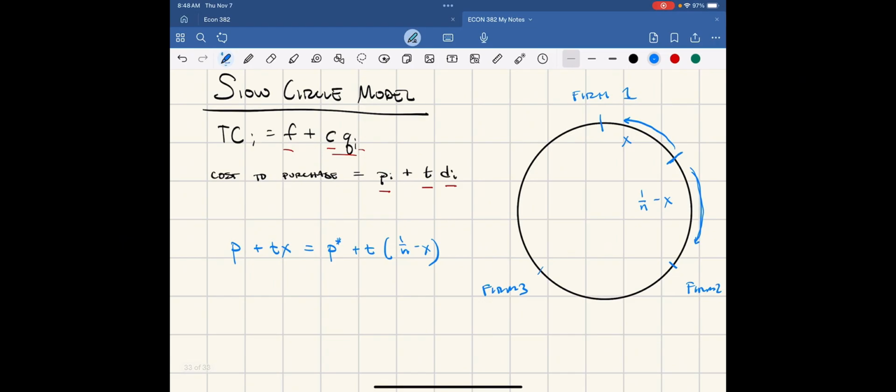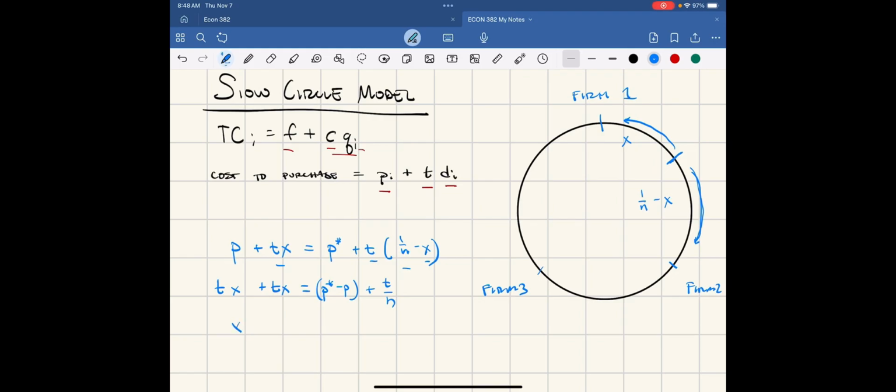Now that we have that, let's go ahead and solve, not for P, but for x. I have an x on this side and this side, so let's factor through. I get Tx plus Tx equals P star minus P plus T over n.